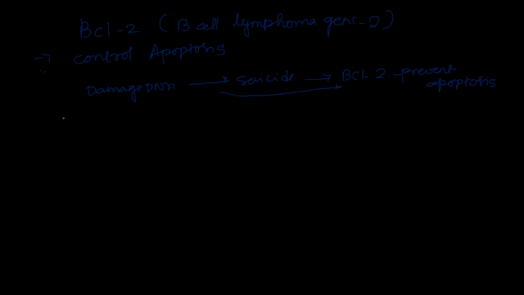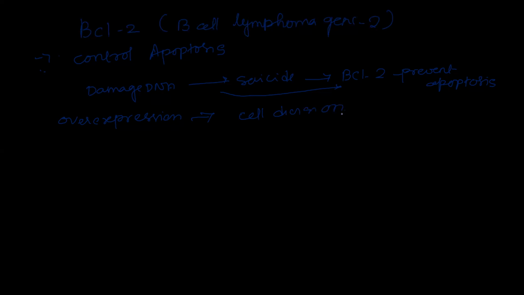Now, what will happen? Definitely, the rest of the part is very familiar for you. There will be an overexpression of this gene, and it leads to what? It leads to continued division of the mutated product, right? The damaged product will start cell division.